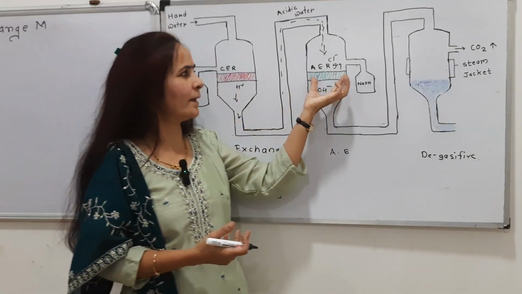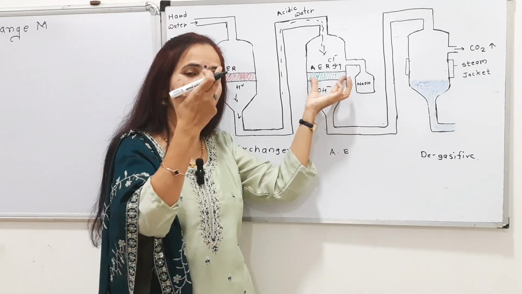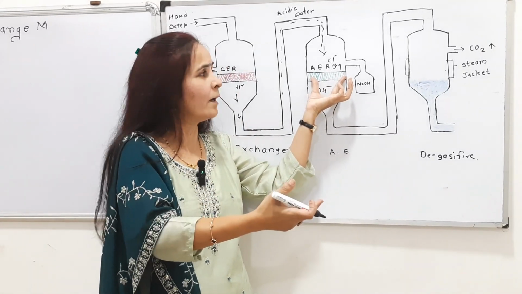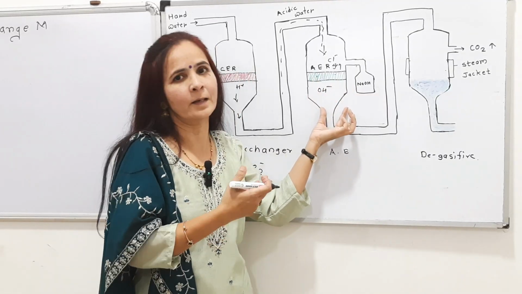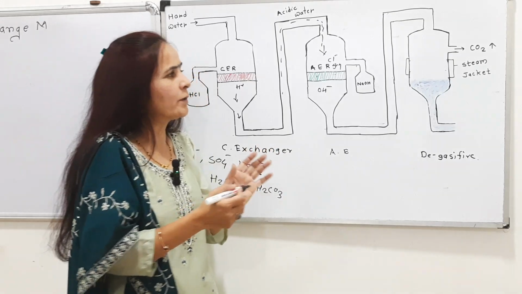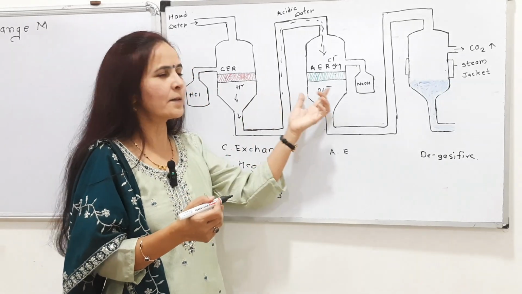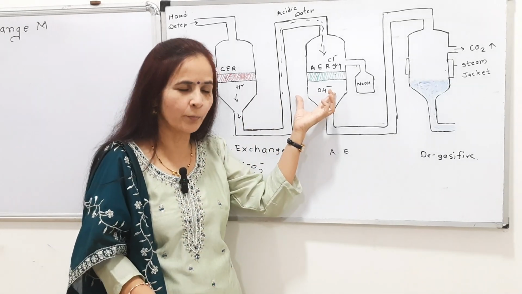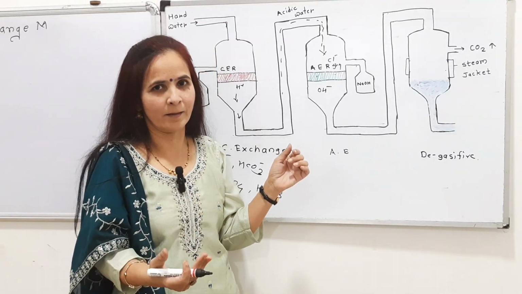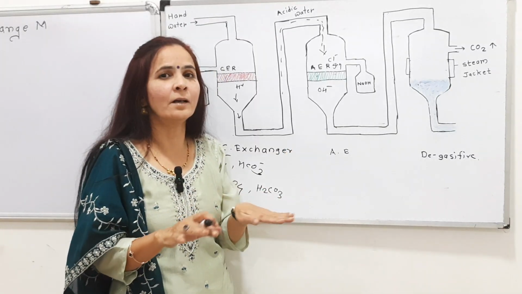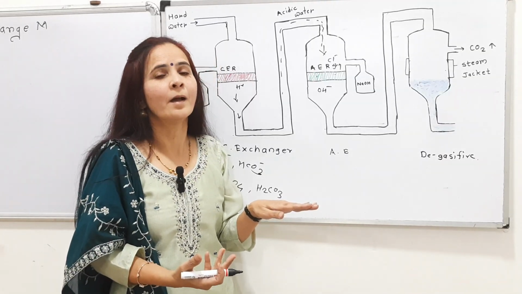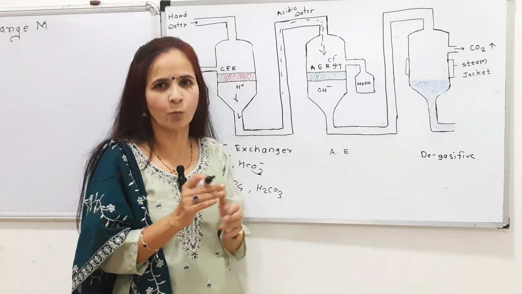In the second cylinder, anions are absorbed on the surface of the resin, and OH- ions are released. So the water obtained after the first and second cylinders is free from cations as well as anions. This is the demineralized, deionized water, also known as distilled water.